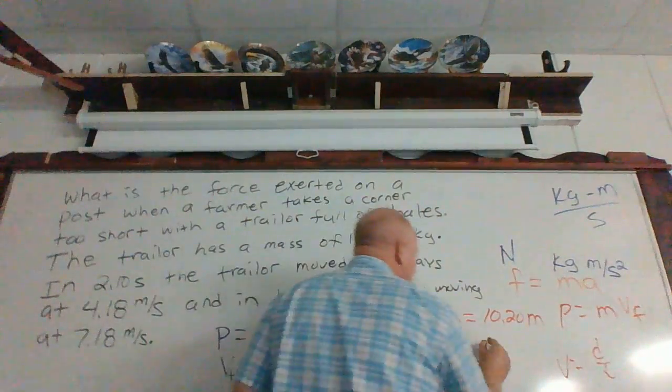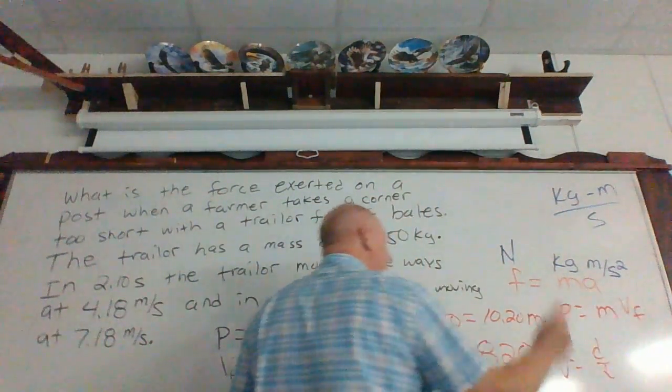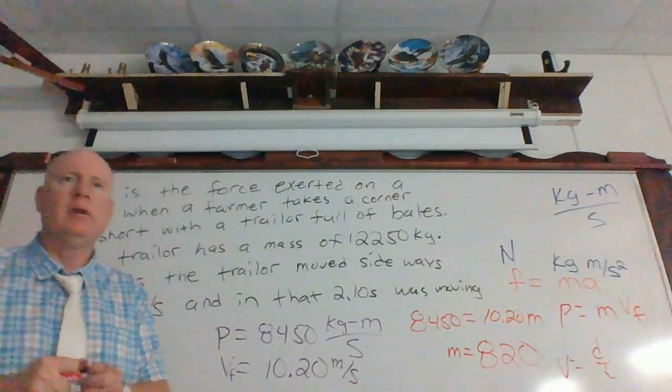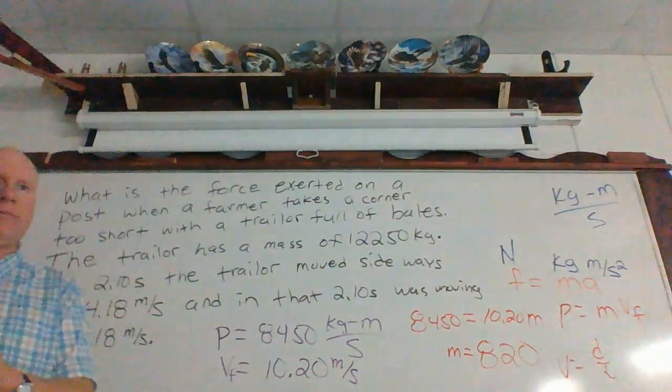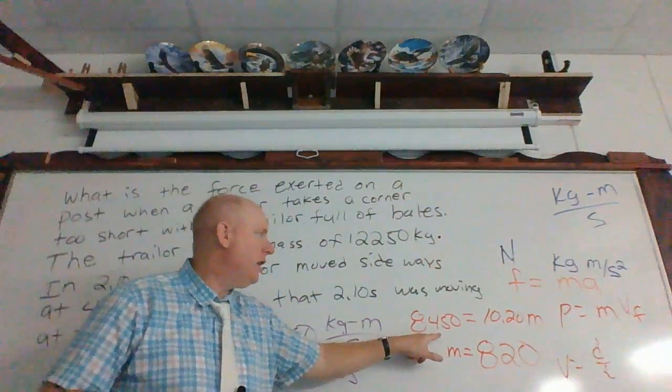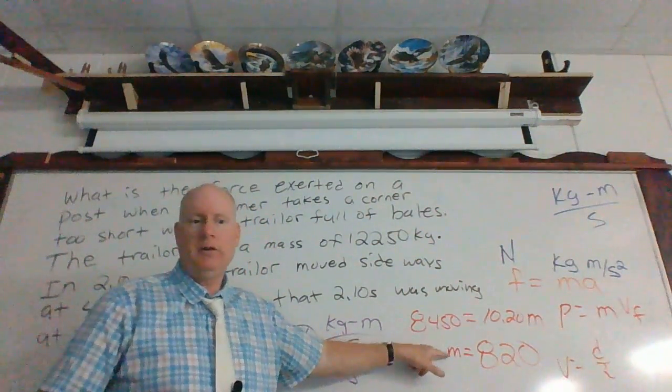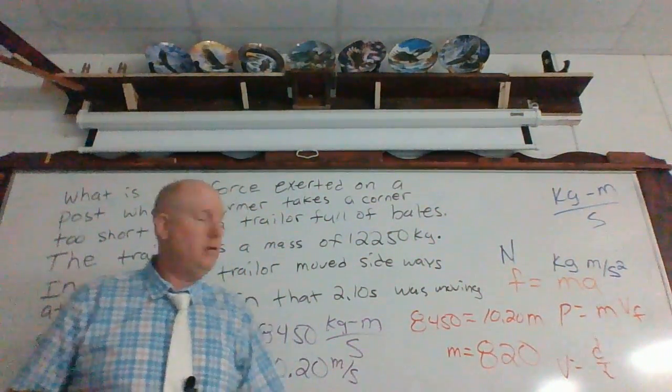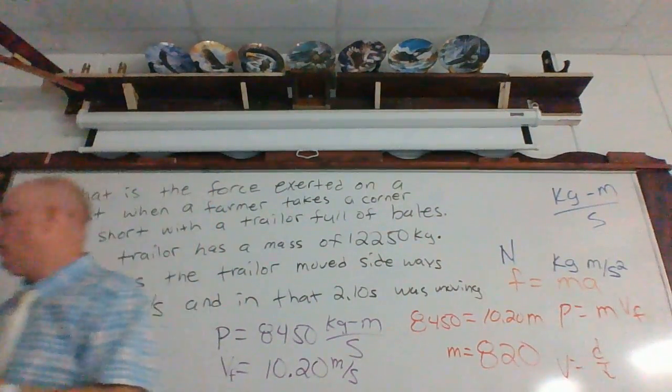So the mass then equals, I don't know, is it 820 something? 820 kilograms. You would be able to punch that in your calculator. 8450 divided by 10.2 gives you somewhere around 820.